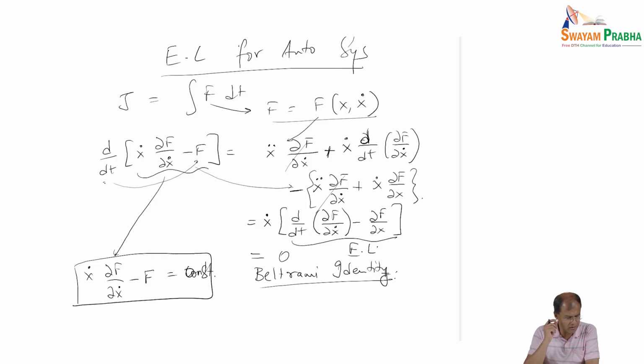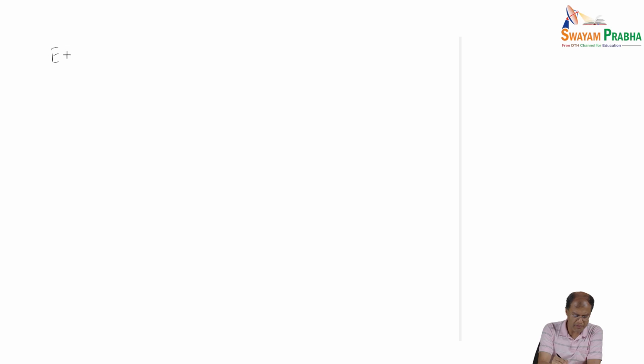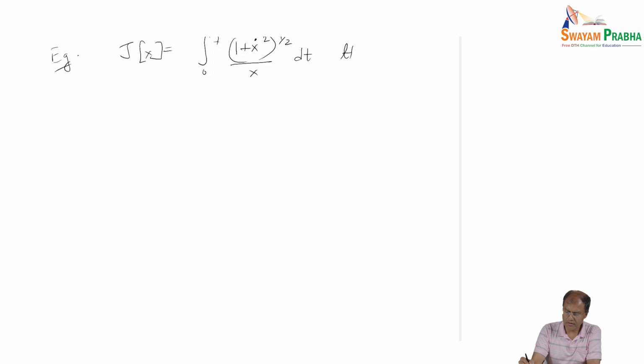So let us now look at one example for this case. The problem I have is as follows. The functional which is given, J of x, is the integral from 0 to 7 of (1 plus x dot square) to the power half by x dt, that lies in x greater than 0 and satisfies the end condition.